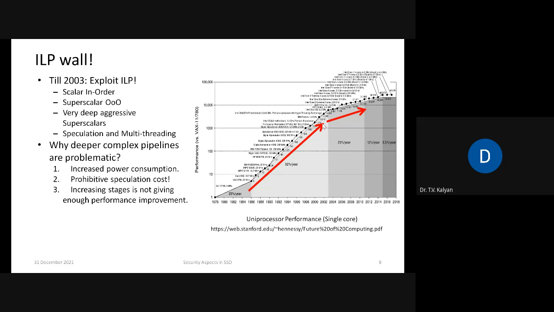You can call this the law of diminishing returns, right? All this contributed to a gap between the performance that we expect and the performance we get. Just because we have more and more transistors with technology scaling, it was not translating into higher performance.